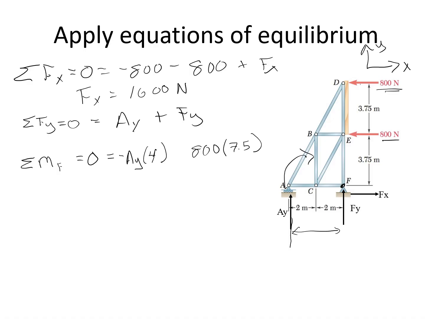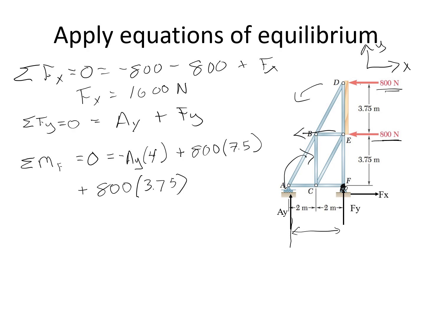And it's going to tend to rotate this counterclockwise, so that would be positive. And then we have the second 800 Newton force, and its distance is 3.75 from F. It's also pushing in this direction, so it's tending to rotate the structure counterclockwise, so it will be positive. And all of that equals 0. Fy and Fx both go through F, so they don't create a moment about F.